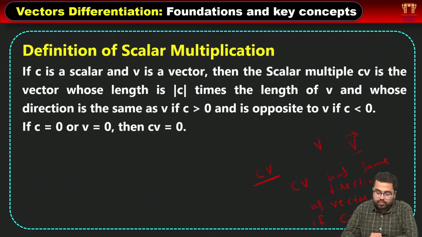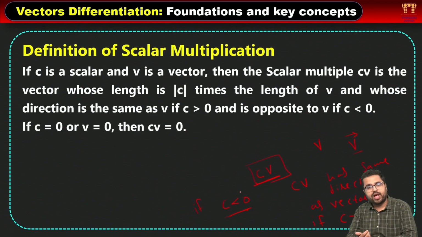And if C is negative, then the direction of the vector CV will be opposite to the direction of the vector V. So in this way you can multiply a vector with a scalar, and that is again a new vector. If the scalar is 0, then CV becomes 0. If the vector is 0, then also CV becomes 0.